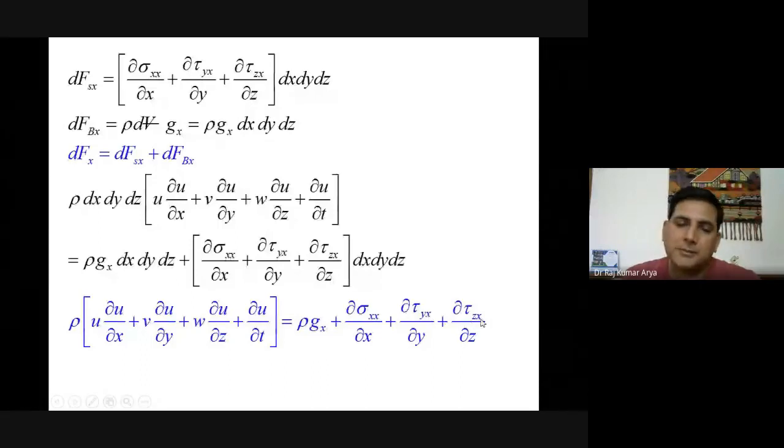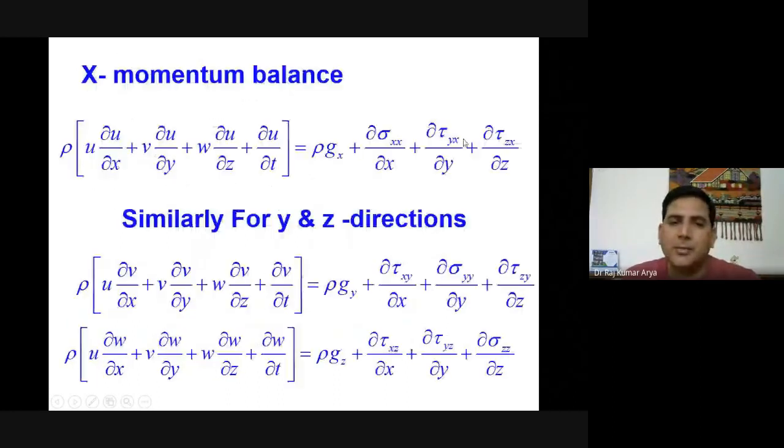Only your direction is changing to the y direction. So in that case, you would end up with this is your x component, this is your y component, this is your z component. So today we came to your x momentum balance, y momentum balance, and z momentum balance. Correct?